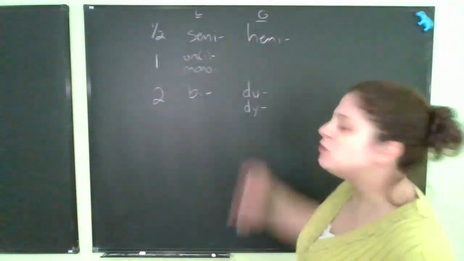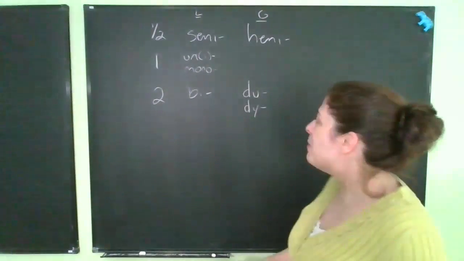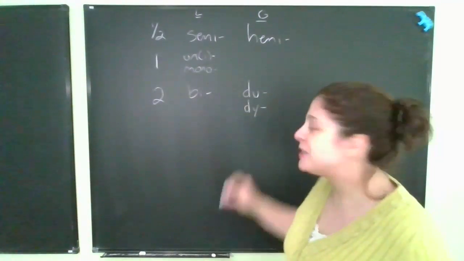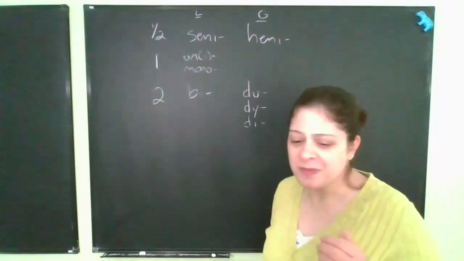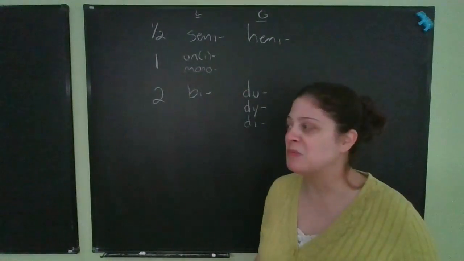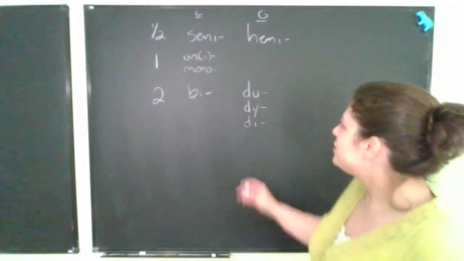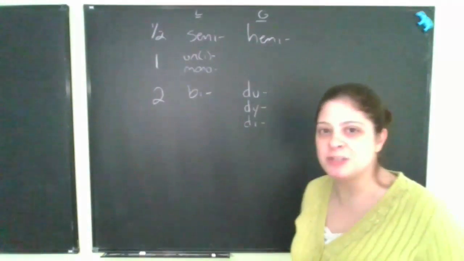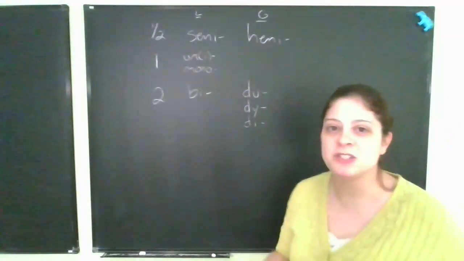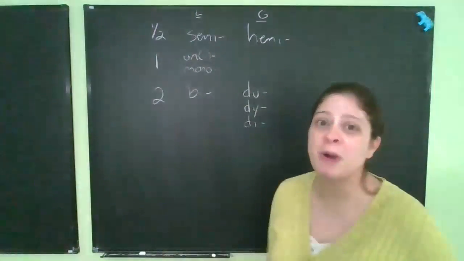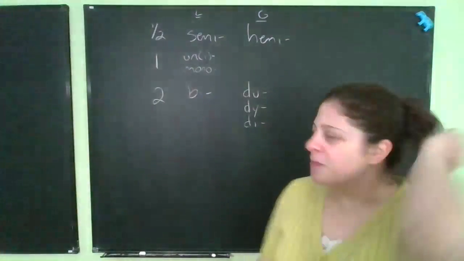And so we have du in words like duo and dual. We have dy in words like dyad. But that y sometimes gets spelled as an I. And so we have di in words like dioxide, meaning there's 2 oxygen in it. So you will see all 3 of these possibilities in English words, du, di, and dy, and it's simply because the transliteration allows for multiple possibilities. Okay, so that's our 2.